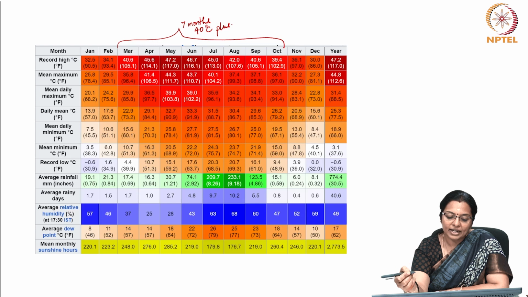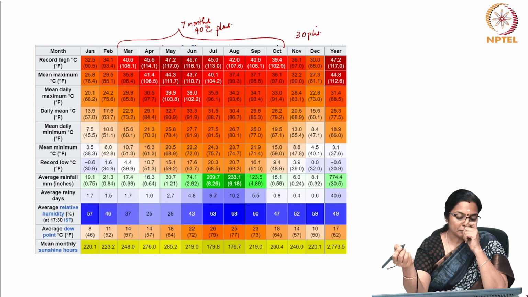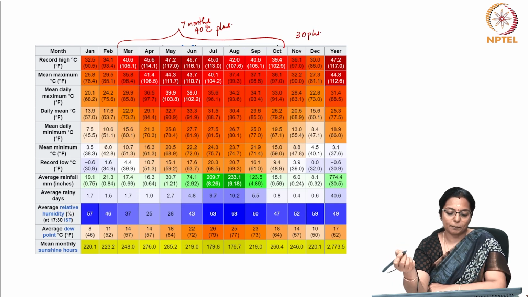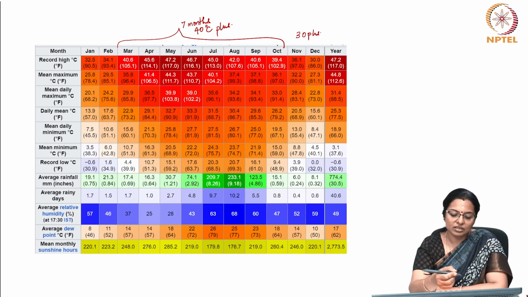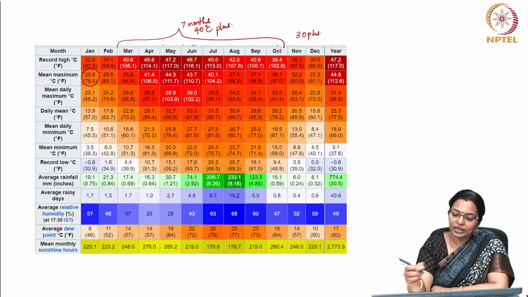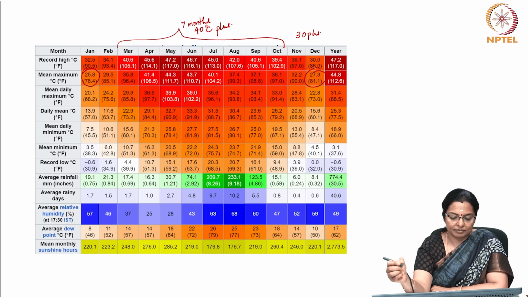Whereas for the remaining time of the year, it is 30 plus. If you see the mean maximum temperature, the mean maximum temperature is low in January and December.